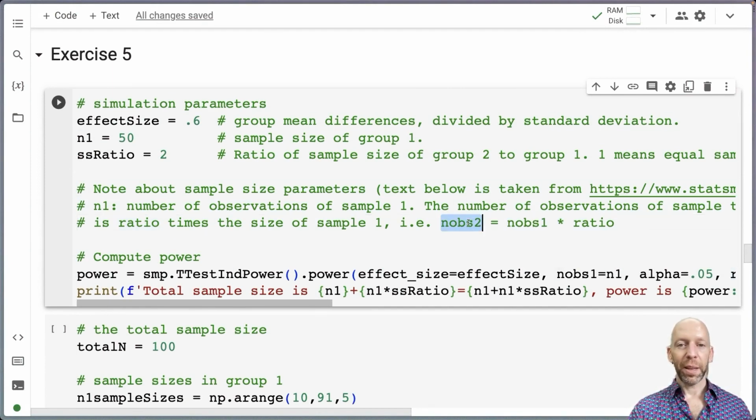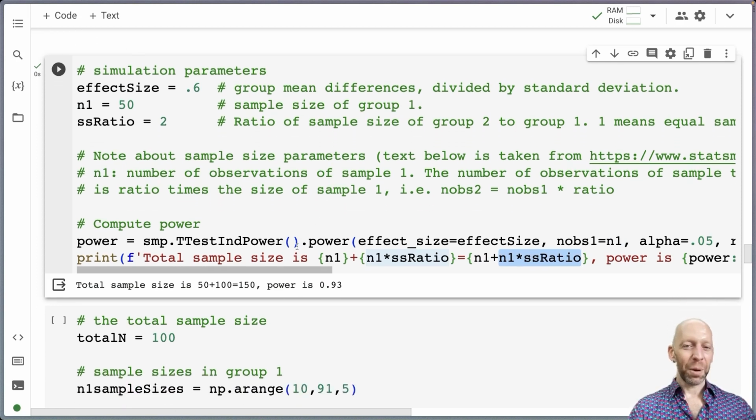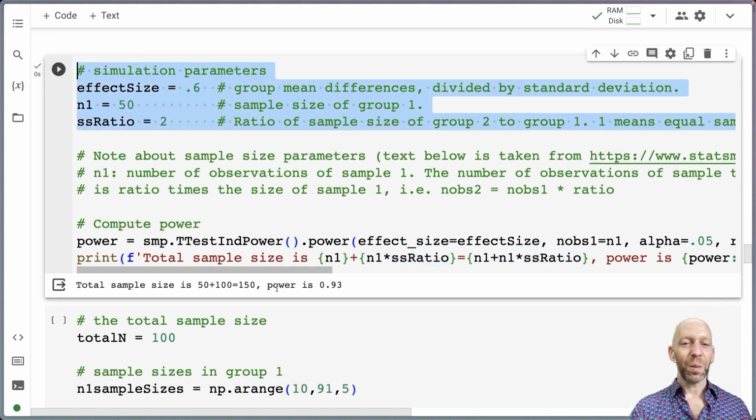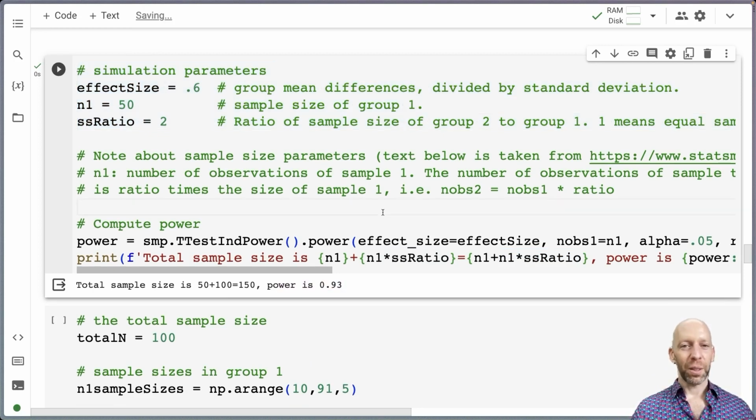The number of observations in group 2 is the number of observations in group 1 times that ratio, which means that the total sample size is N1 plus N2, where N2 is defined as N1 times the ratio. I hope that's not too confusing. But as I wrote in the text, if you set it up with these parameters and you get this power value, then you know that you have called this function correctly.